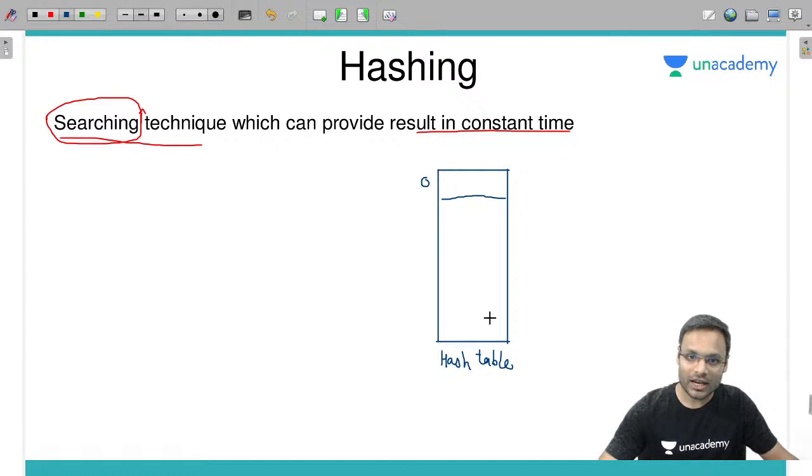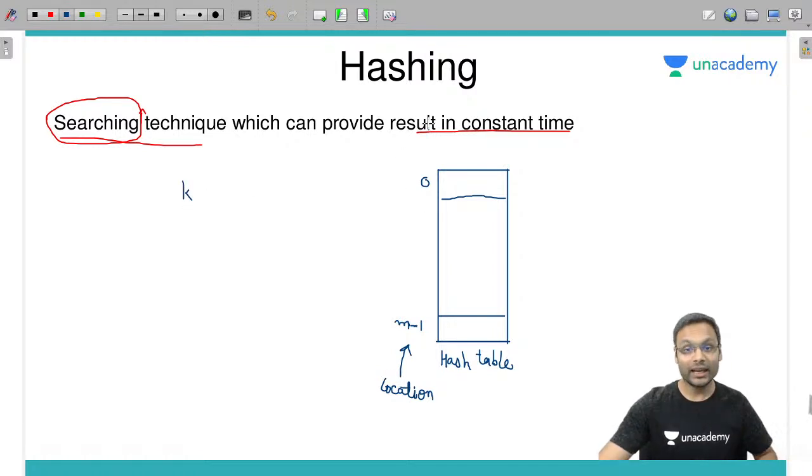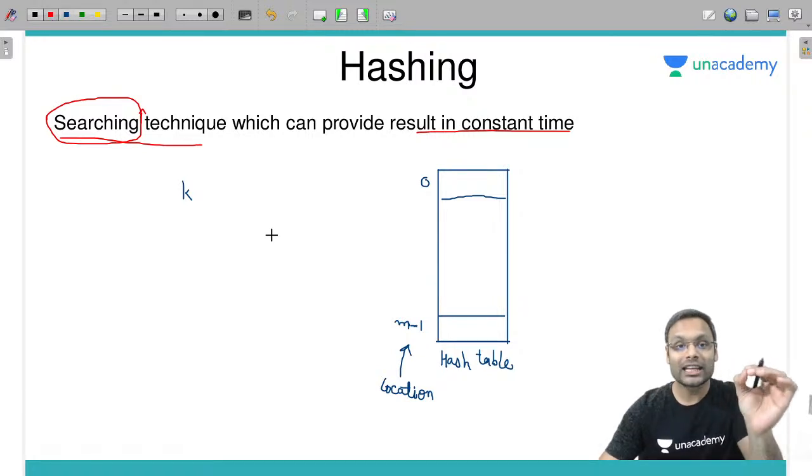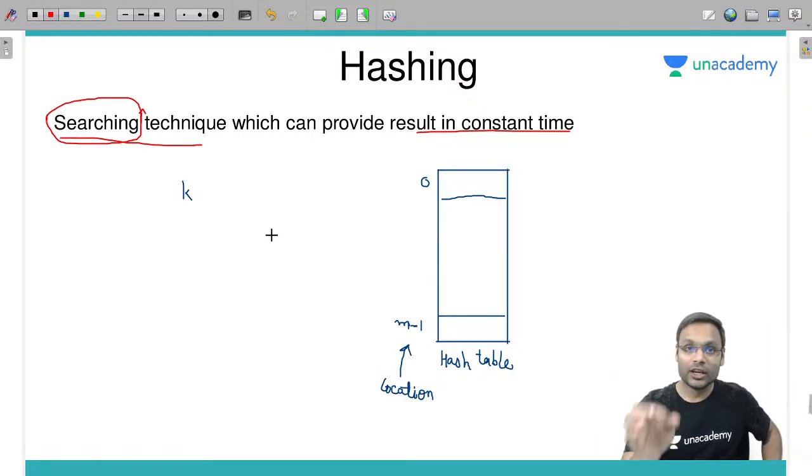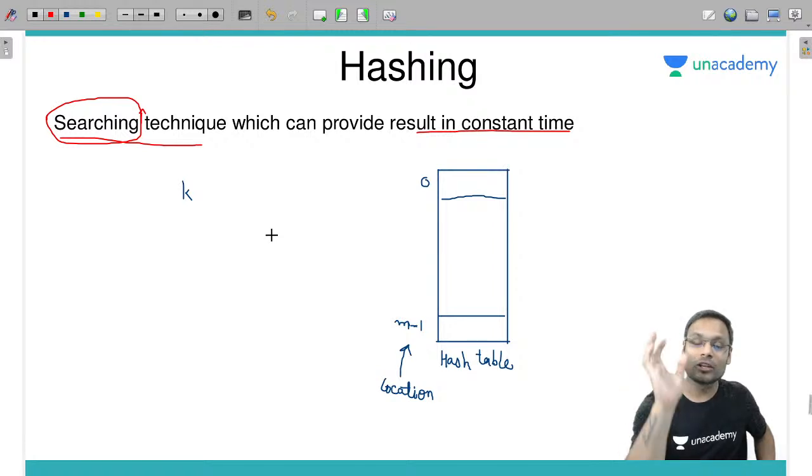Let's say locations are starting from 0 to m-1. Whenever I have any kind of key, let's say k, I want to keep that value k in this hash table. How should I keep that value k so that I can search it in constant time?